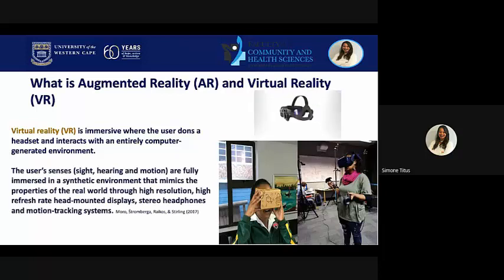So when you are immersed in a virtual reality space, all your senses are used: sight, hearing, motions, and you're fully immersed in a synthetic environment that mimics properties of a real world in high resolution, and usually refreshes quite well if you do have a good headset.